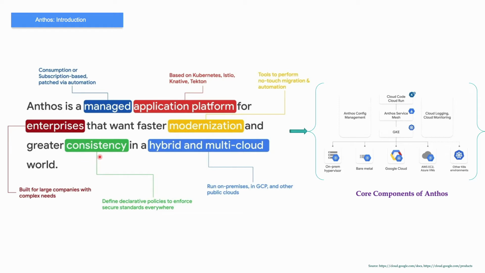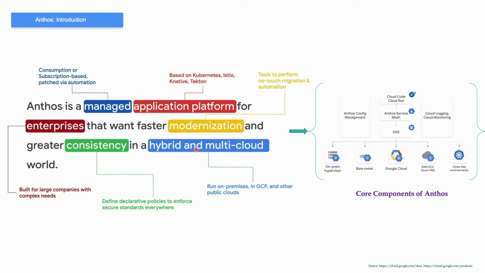Consistency is very synonymous with repetitive. So anything that is being deployed can be defined as declarative policies to enforce a certain standard and also secure a standard everywhere, no matter where you deploy the application.